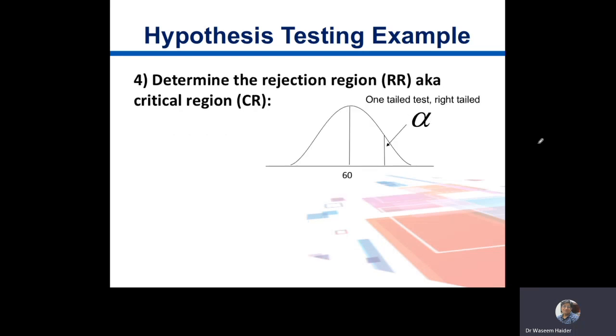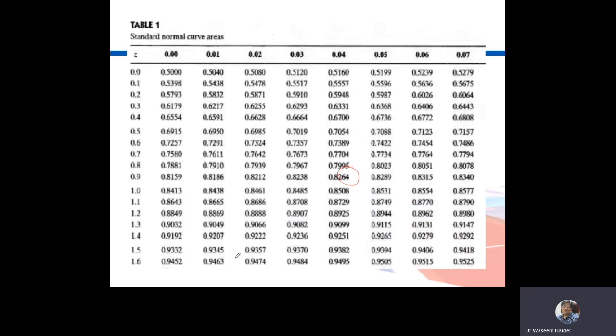We determine the rejection region or critical region, so alpha is towards the right. This is the null curve centered around the mean under the null, which was 60 in this case. So our rejection region is towards its right, the top 5%. We will go onto this curve and this table and see where the top 0.05 or top 5% lies.